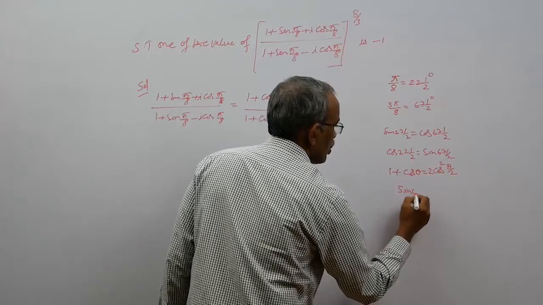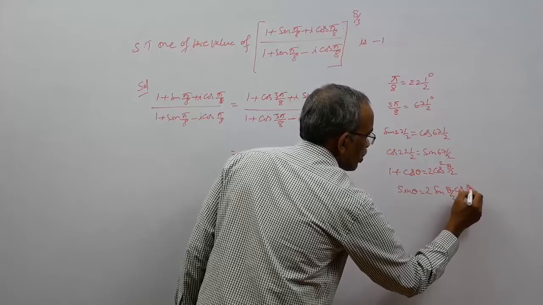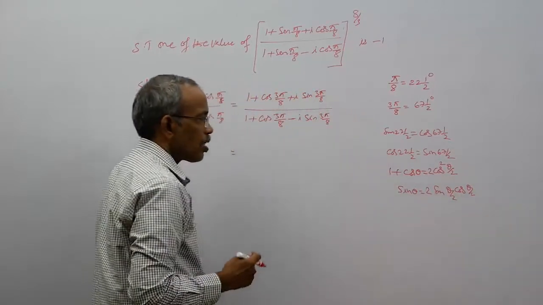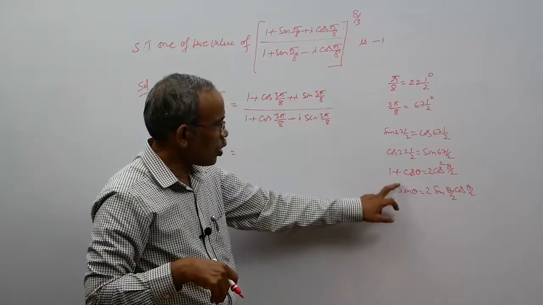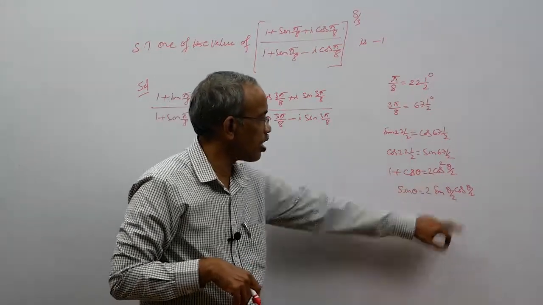Sin theta is equal to 2 sin theta by 2 cos theta by 2. We have these formulas in multiple and submultiple angles: 1 plus cos theta is 2 cos square theta by 2. Here theta by 2 means 3 pi by 8 by 2, which equals 3 pi by 16. I into sin theta is 2 sin theta by 2 cos theta by 2.